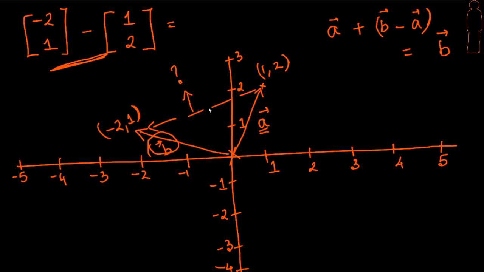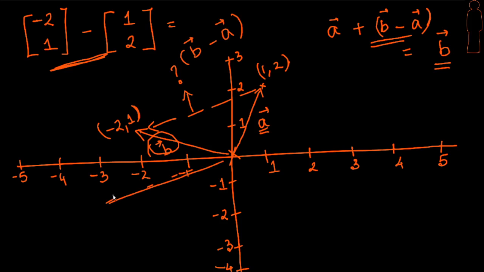What and how much did I move from the point 1, 2 in order to reach minus 2, 1? Let's forget the numbers. Let's look at vectors A and the final result being B. So first I have moved A. Obviously I should have moved B minus A, and that is when my answer can become B. Therefore this must be the B minus A vector.